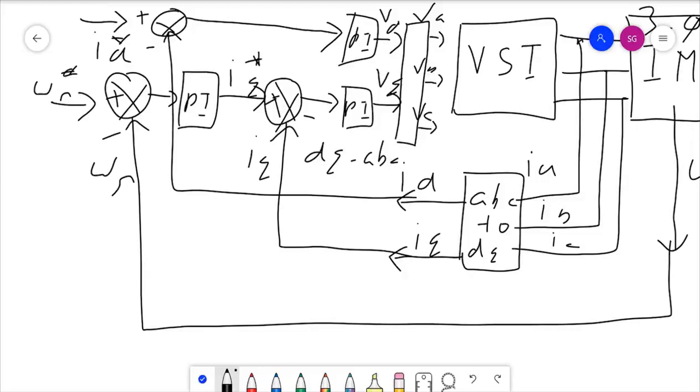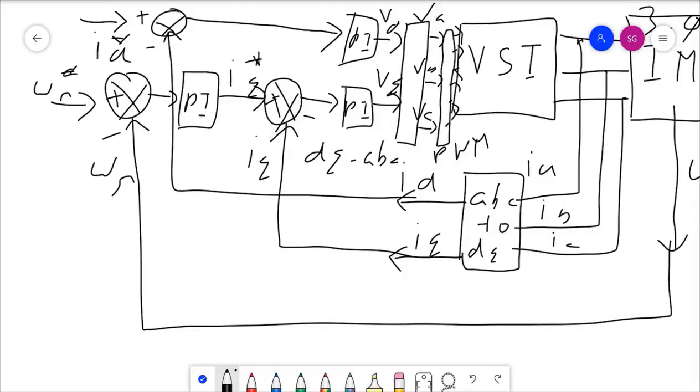You call it the modulating voltage when you talk about inverters. So these modulating signals will be used to generate the PWM for this VSI. Okay.